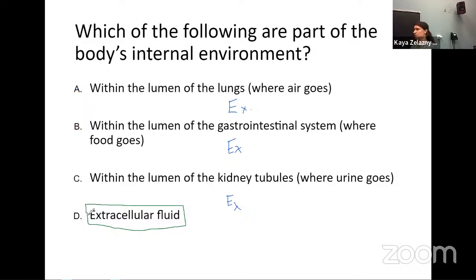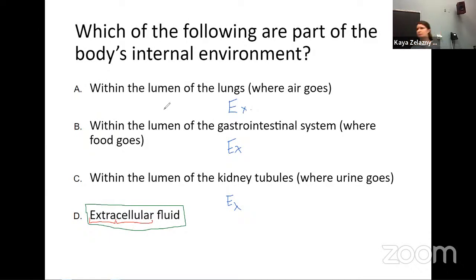Our extracellular fluid surrounds the cells inside our body. So we don't want to get tripped up by this beginning, extra. Extra does mean outside, but we want to break down this whole word when we're reading it. So it's outside the cells, but not outside the body: extracellular, outside cells.